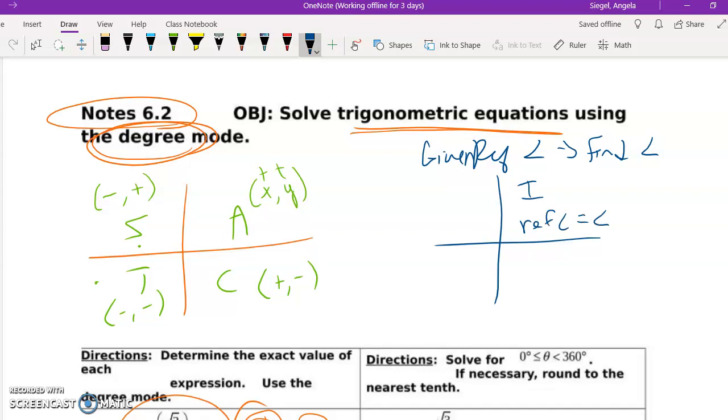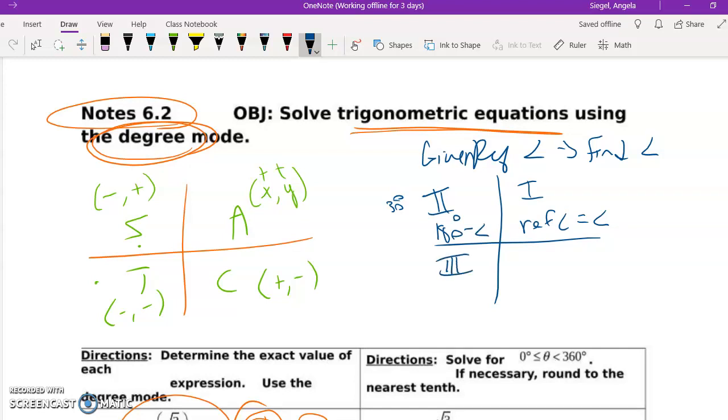In quadrant 2, let's say our reference angle is 30 degrees. We would take 180 minus that angle to get the 150.